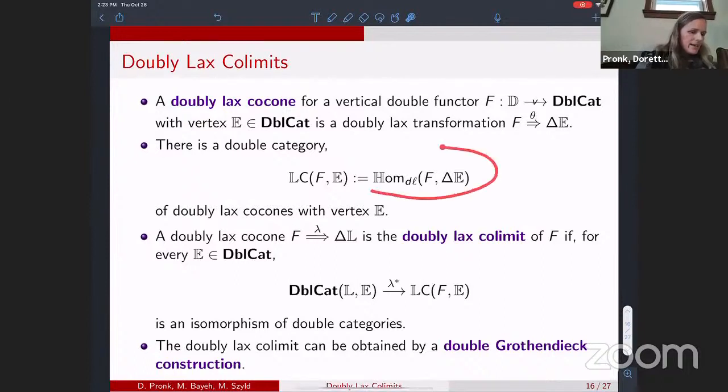So we get here a double category, the lax cocones LC, and this is then the lax colimit of F.